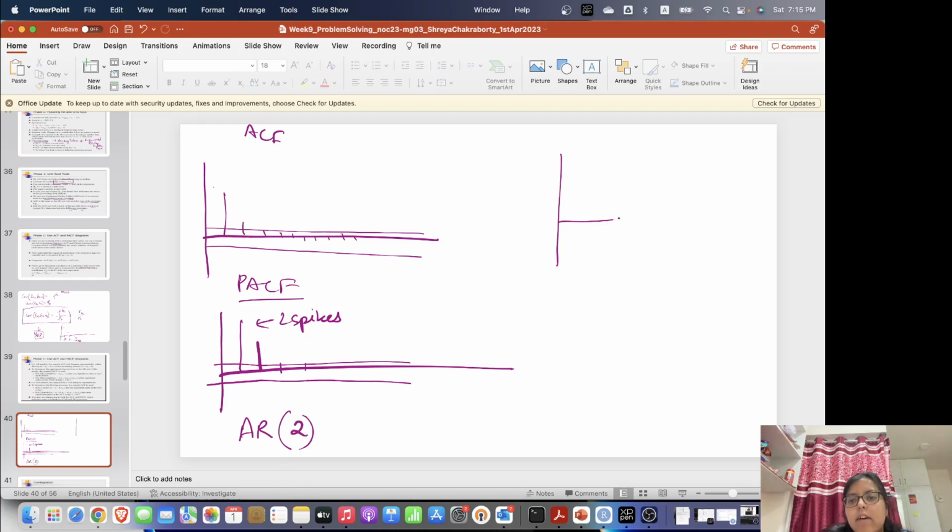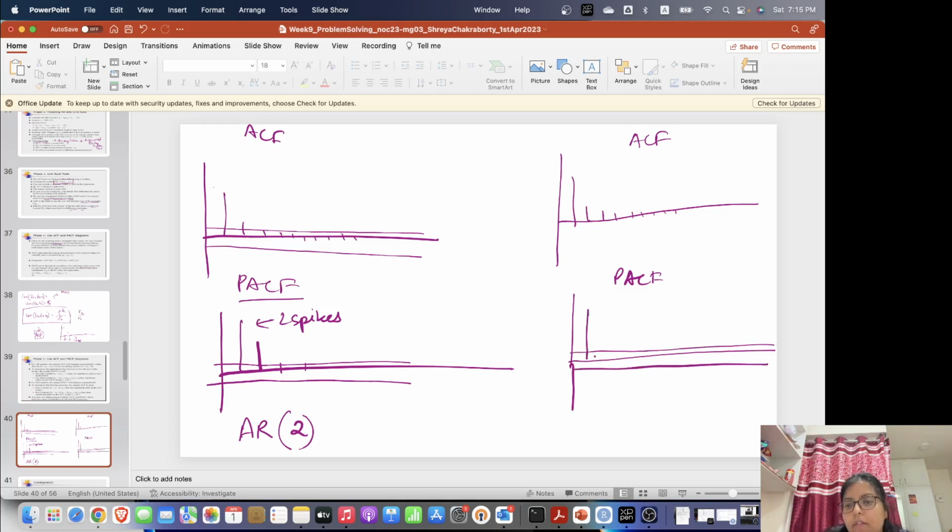Similarly, if we have an ACF that is decaying gradually, and the PACF, with this line of significance, shows 3 clear spikes, then maybe this is an AR3 process.